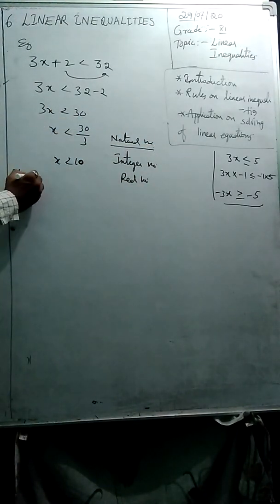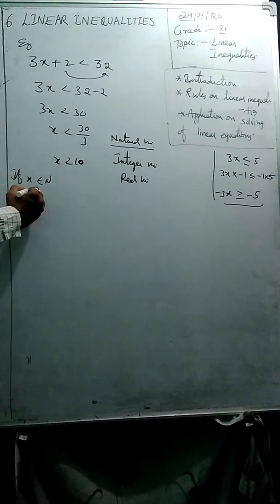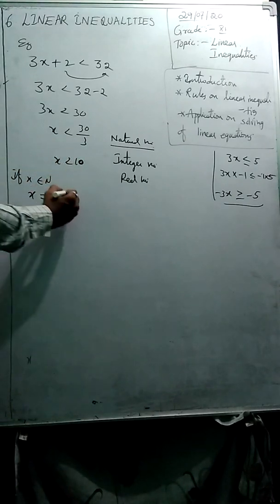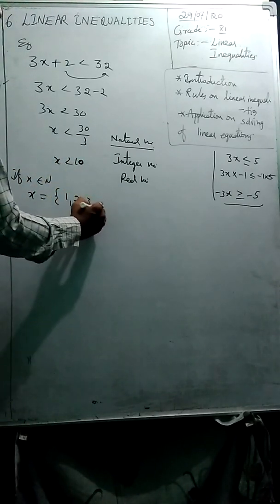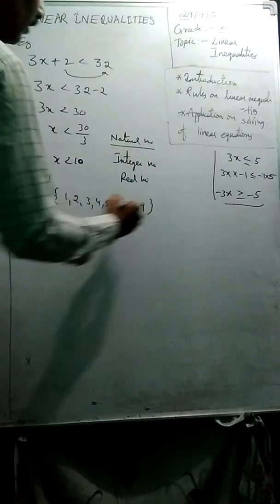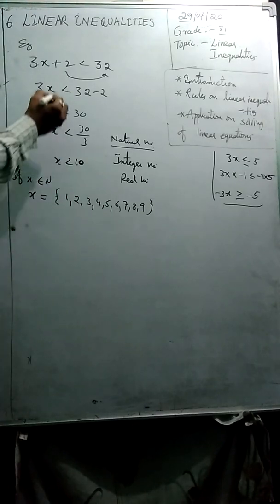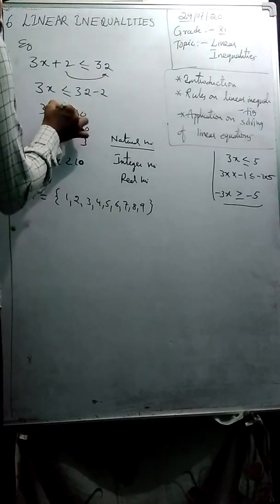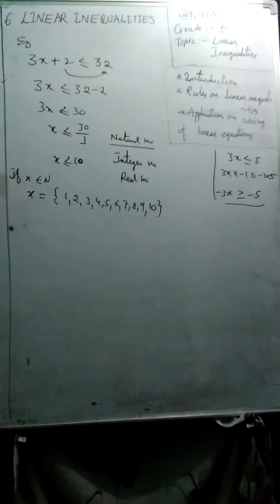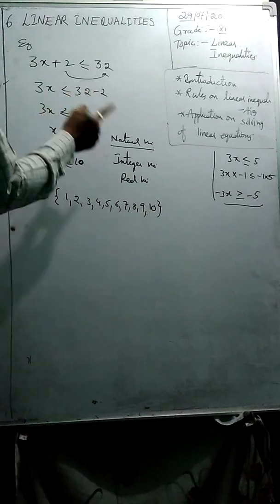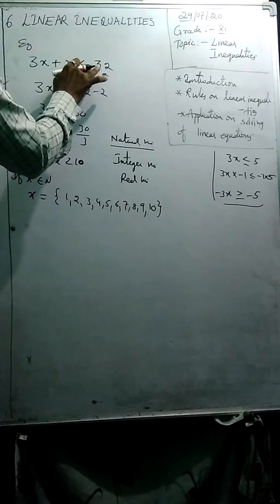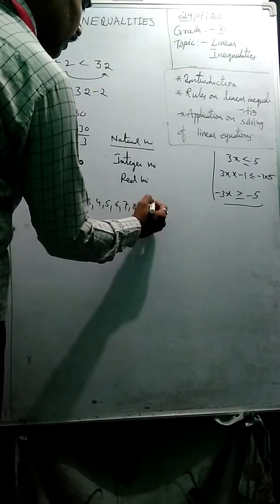If x belongs to the natural numbers, the solution set is x equals the natural numbers less than 10, according to the given question. But if they give less than or equal to, we should include 10 also. So it changes based on that, but we have taken only less than, so 10 is not included.